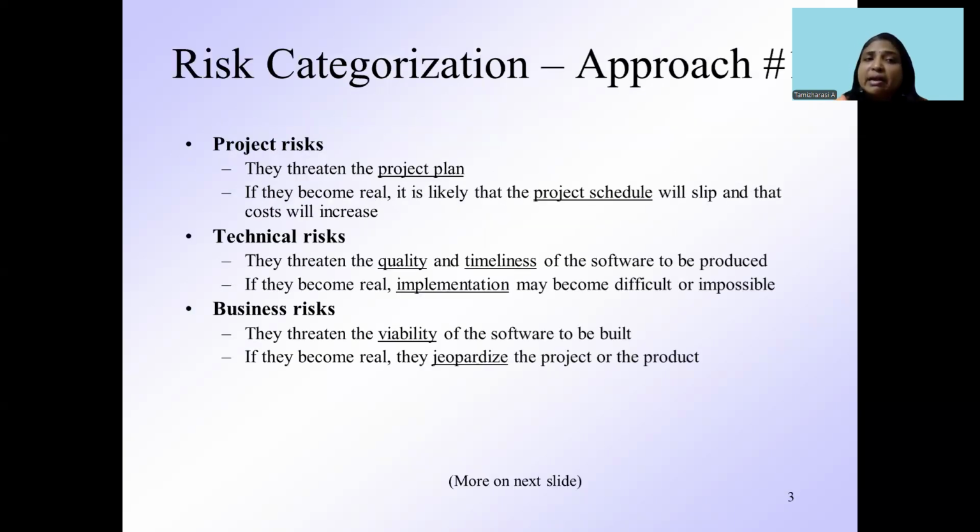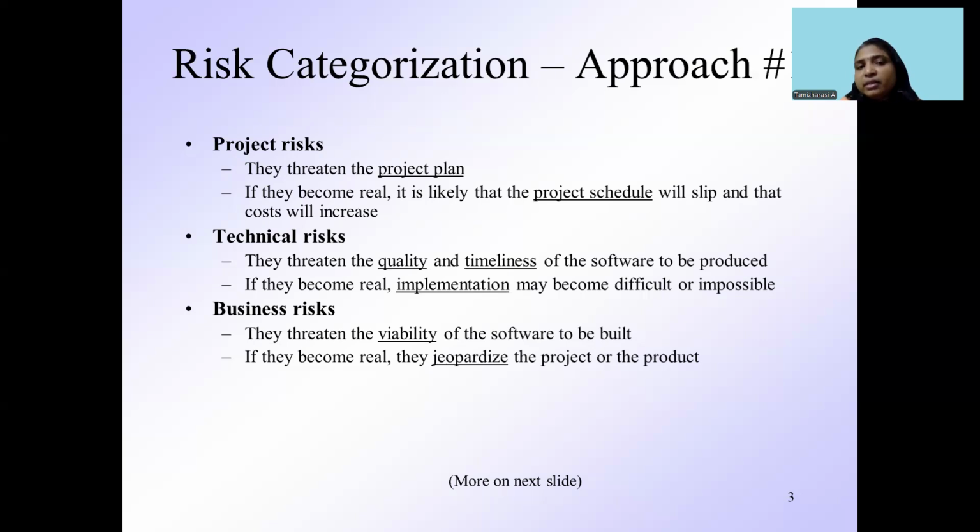When it comes to categories of risk, there are different categories like project risk, technical risk, and business risk. From the name itself, you can identify them. Any risk that may threaten the project plan comes into the category of project risk. Any risk that threatens the quality and timeliness of implementation of the software is technical risk.